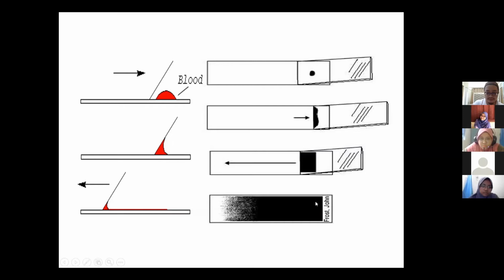We look underneath the microscope, we cannot see individual cells. At the tail end here, terlampau sedikit sel. Nampak satu tapi terlampau sedikit. Itu pun tak nak. We want an area where it reflects well the situation for the person. So it is in the middle area here.